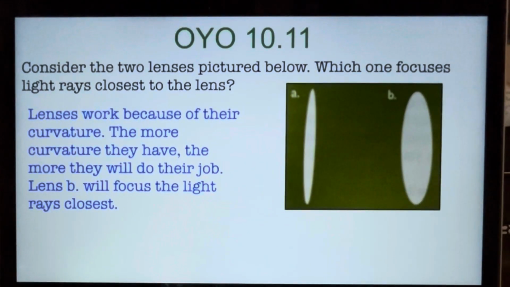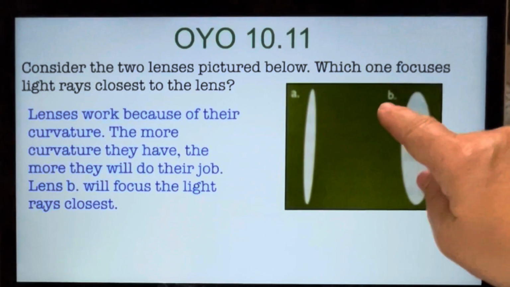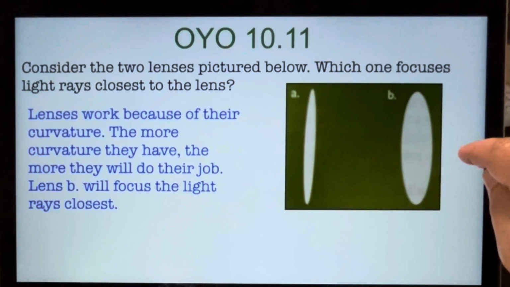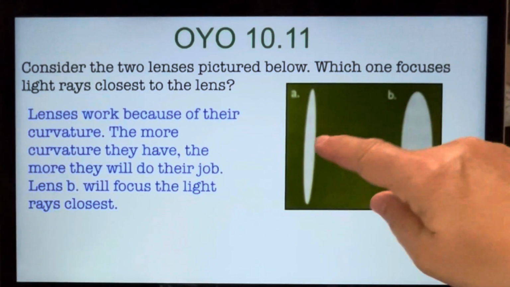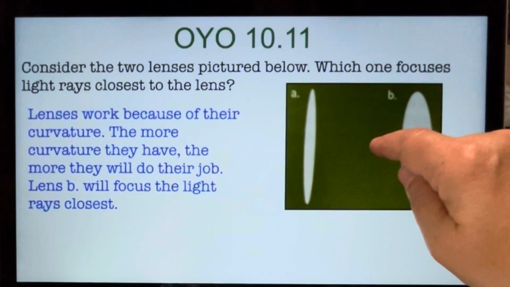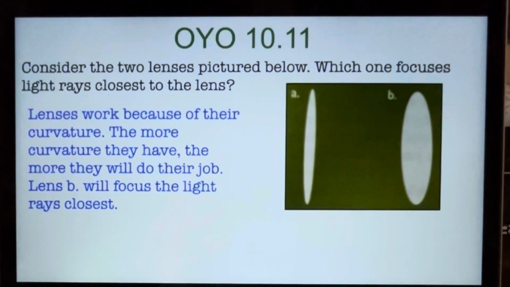They are converging lenses and they are convex shape. Which one focuses light rays closest to the lens? All right. So lenses work because of their curvature. The more curvature they have, the more they will do their job. So this one here, lens B, is going to focus it closer than lens A. Lens A will focus it farther away than lens B.